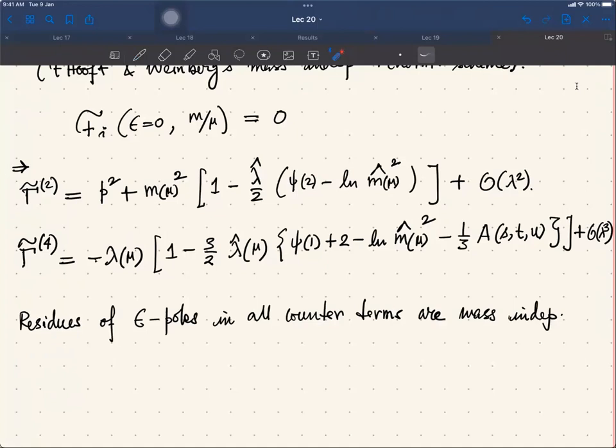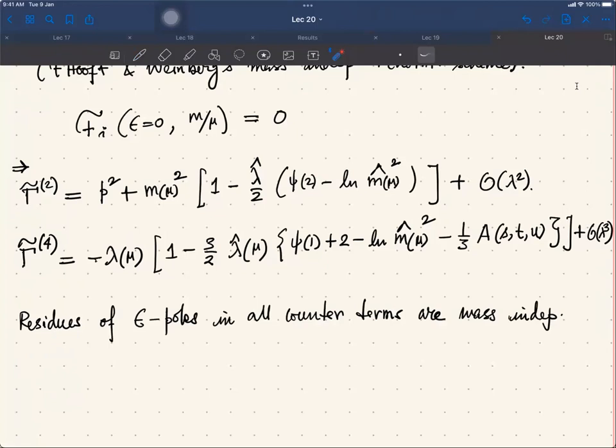So there is no physical reason why these residues, which are basically the divergent pieces, should be mass dependent. This mass dependence is basically a fake dependence because of the finite ambiguities of the counter terms.